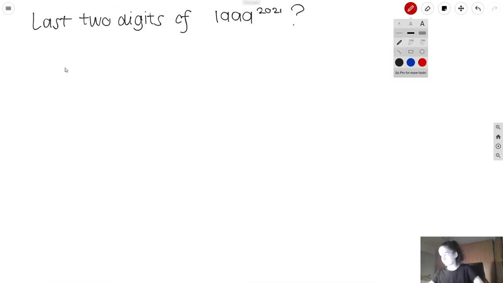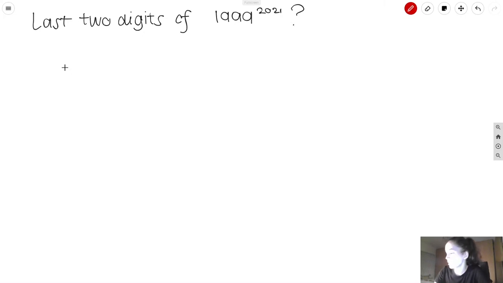Okay, so firstly, what does the last two digits mean? The last two digits of any number is just going to be the number itself when divided by 100.